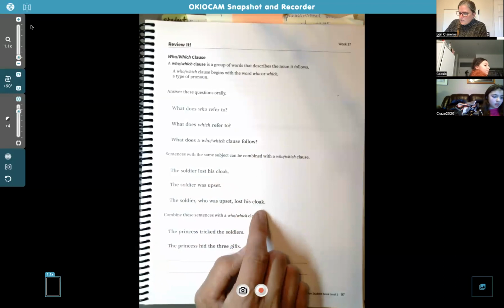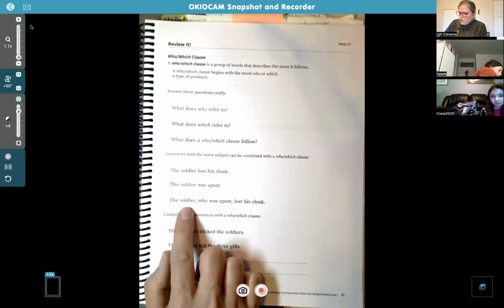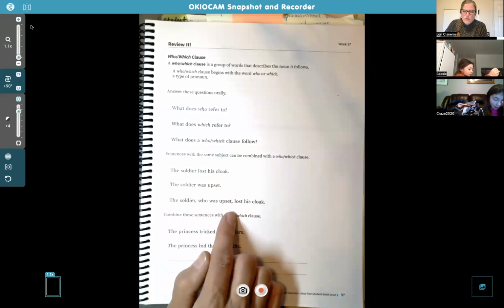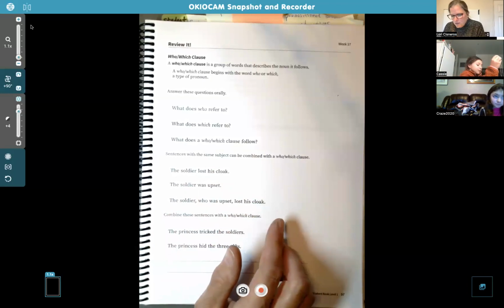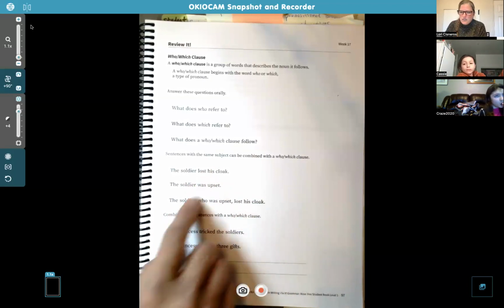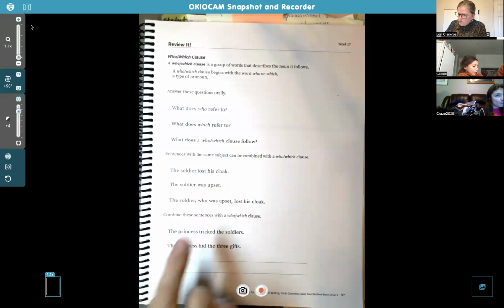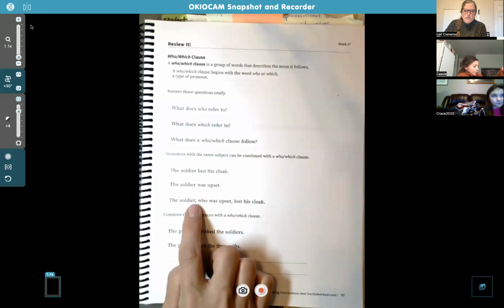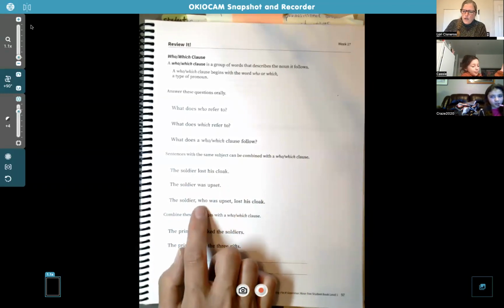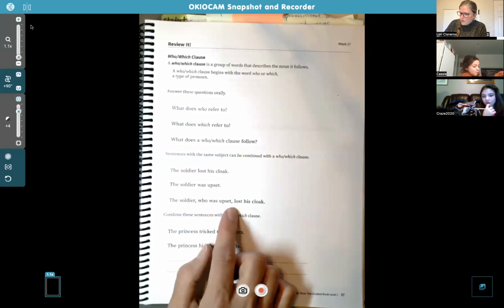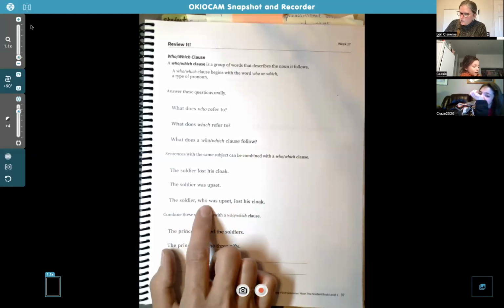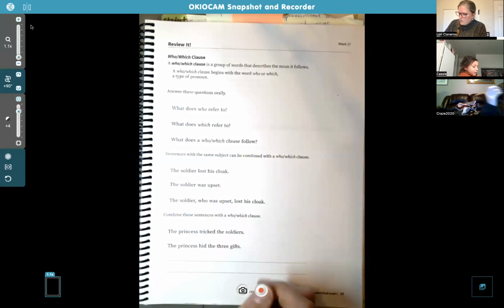Another way you could say it is the soldier who lost his cloak was upset. You can combine those two sentences either way using the word who. I also want you to notice the commas around the who clause. The soldier, comma, who was upset, comma, lost his cloak.